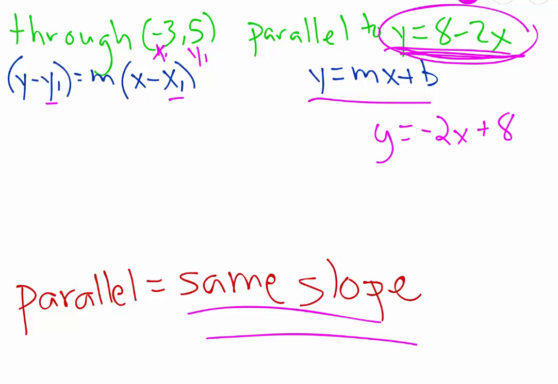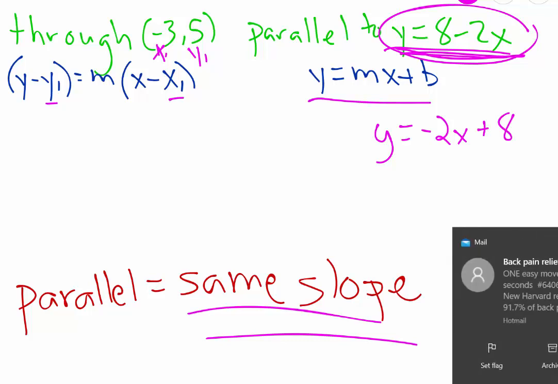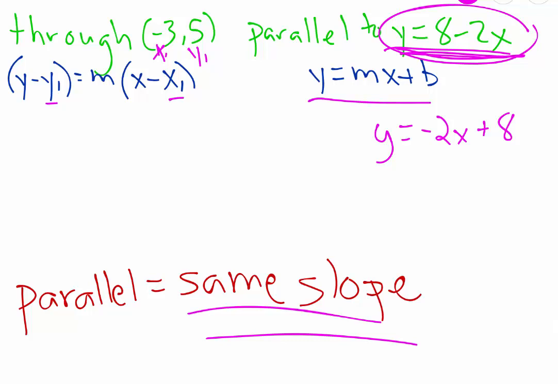So I'm going to rewrite it in this form because this is proper slope intercept form. And as long as our equation is in proper slope intercept form, the coefficient of x is the slope of the line. Now we have a -2 here in front of x, so that means that our slope is a -2. That's what we're going to be using.